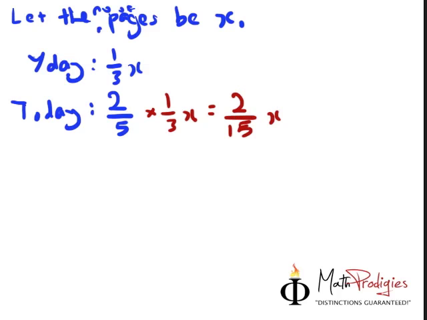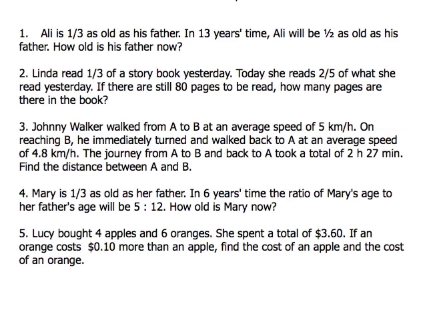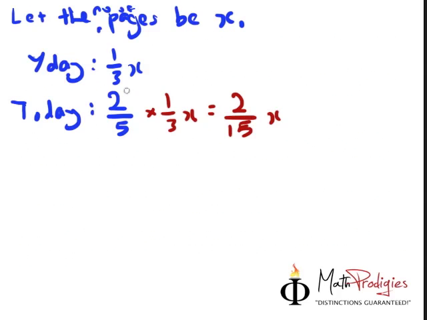The next part says that if there are still 80 pages to be read, how many pages are there in the book? Which means that what is left over is 80 pages. So what can we form?